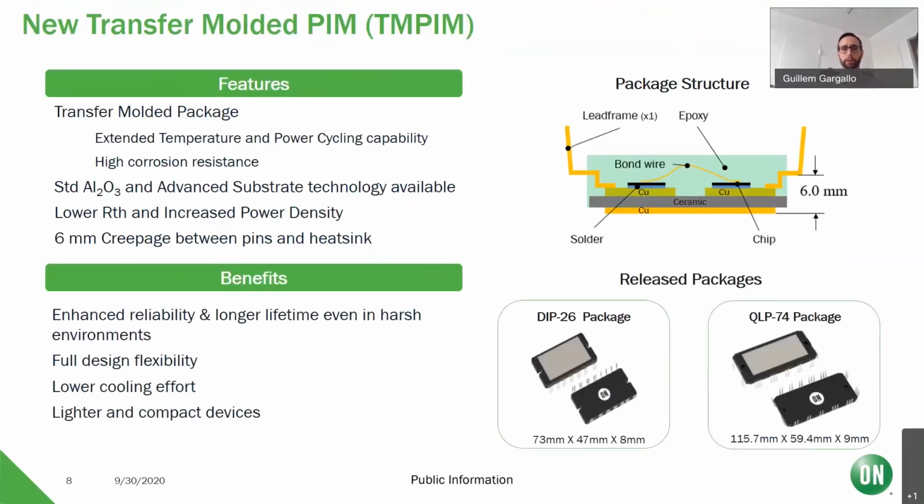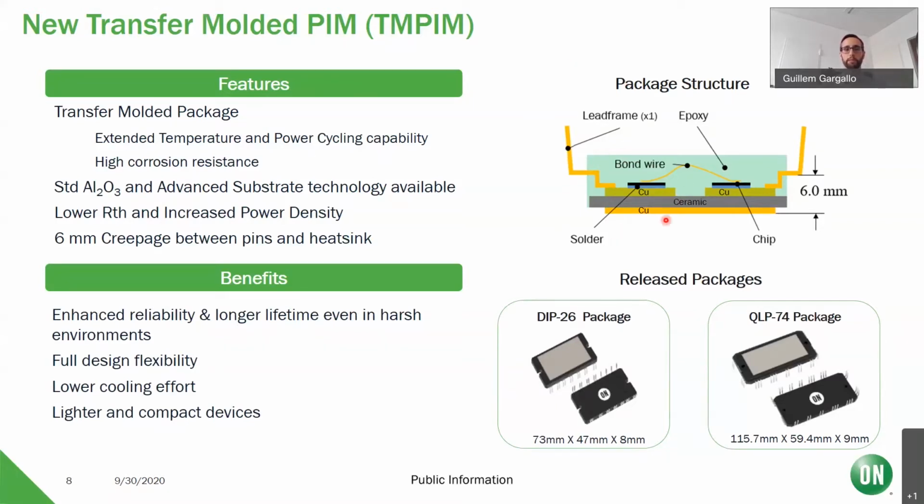So what are the main features of this package? Besides the transfer molded process that I have mentioned before, what does it mean in terms of features? One of the key features of this process is that it enables the extension of temperature and power cycling capability. You can see here on the right-hand side the structure of the package.